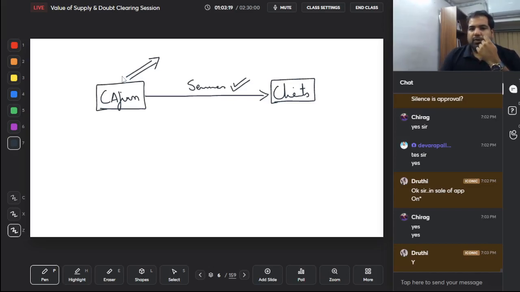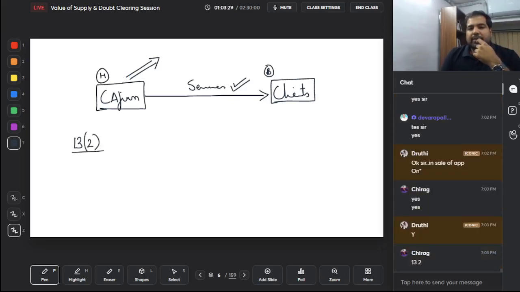This is service, so with section 13, and because this is split, it is FCM section 13.2. Section 13.2 says everything depends upon whether the invoice is issued within the due date or not. That means whether the invoice is on time or whether the invoice is late.